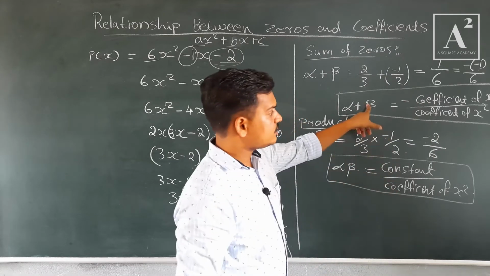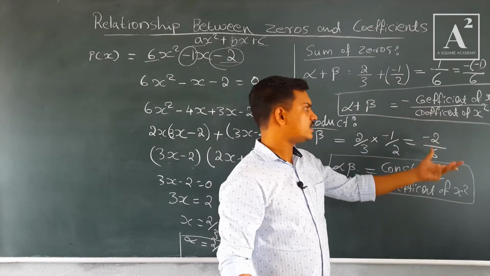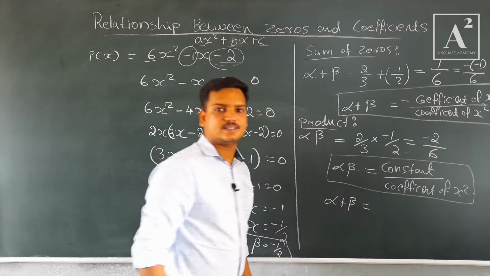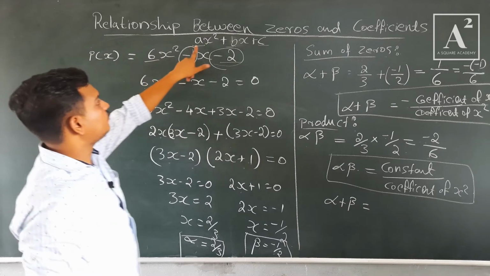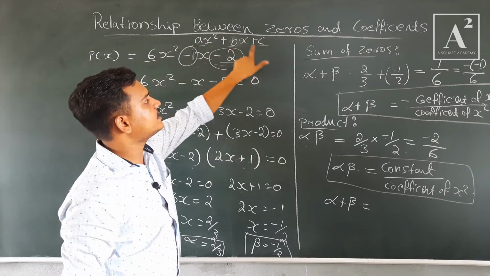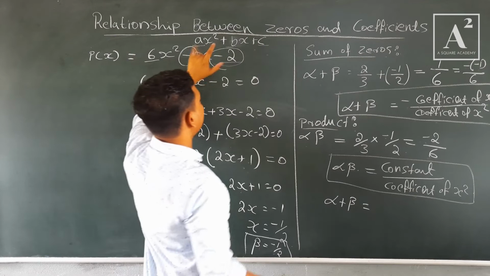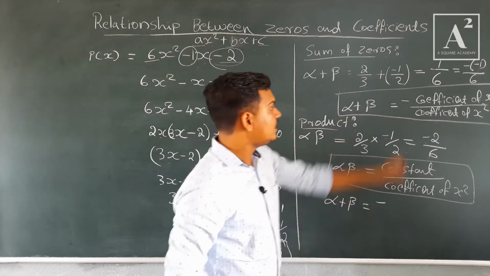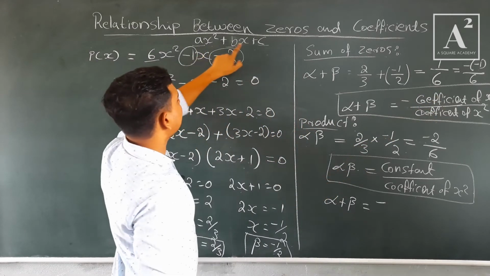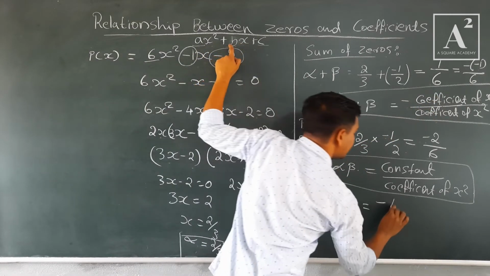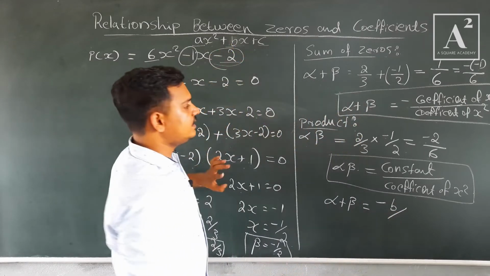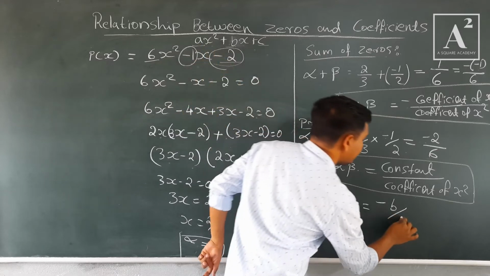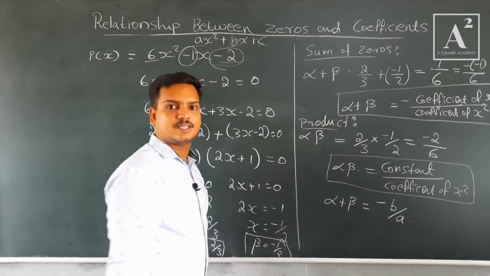Instead of writing this much, we can represent it a little more easily. Look at this: alpha plus beta is equal to, look at the general form. The general form is ax square plus bx plus c. If you know the general form, then minus is present, the coefficient of x is b, divided by the coefficient of x square, that is a: minus b by a.